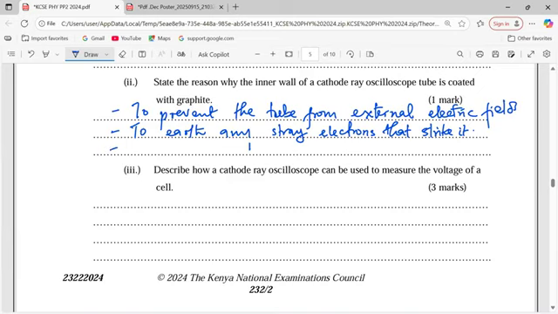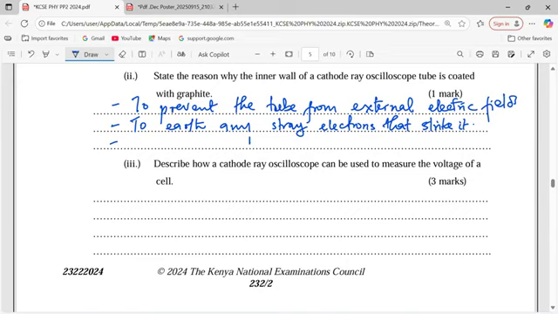And also, we are supposed to talk about this graphite layer assisting to accelerate electrons to the screen, since it has electrons which are negative, hence repelling the electrons produced at the cathode.